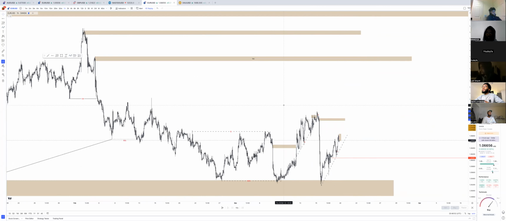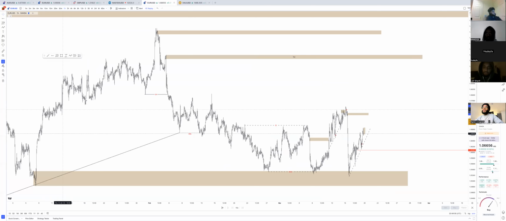The confirmation you'll be waiting for is the change of character. The change of character is just a market shift. It's basically when the market stops trending in a certain direction. Up until this point, the market was going up. As soon as it broke through here, it was a change of character.